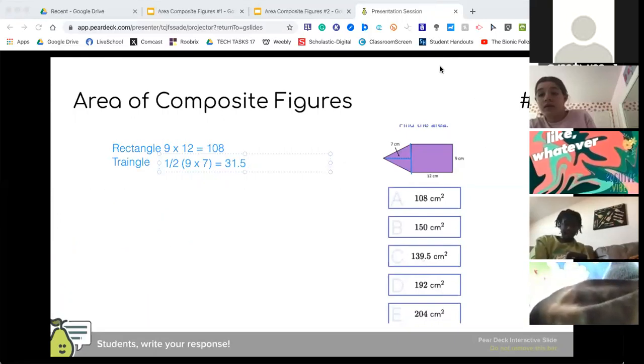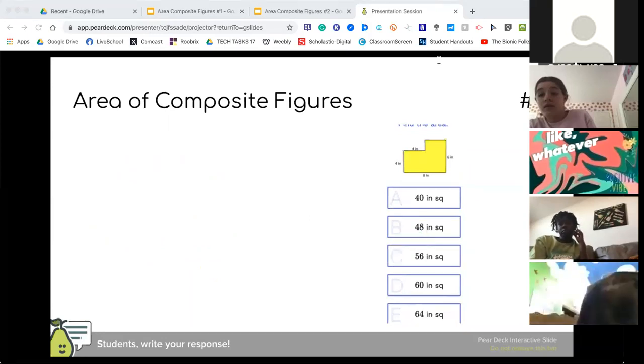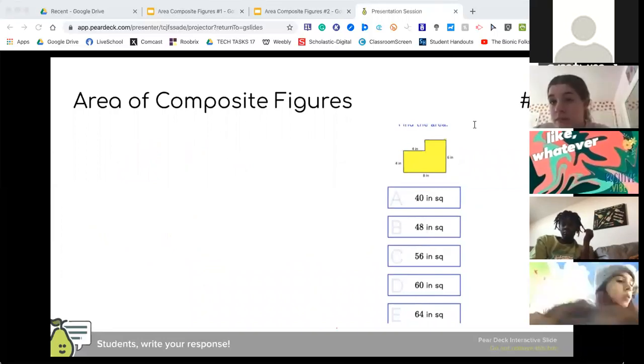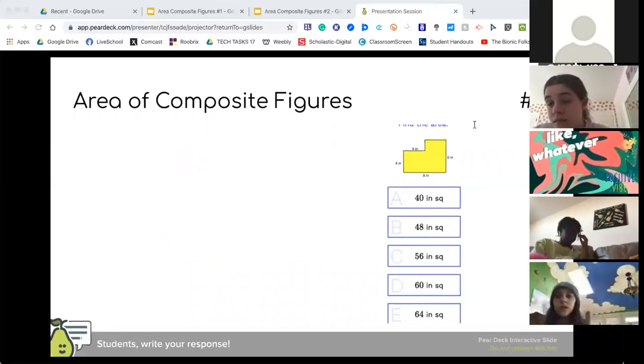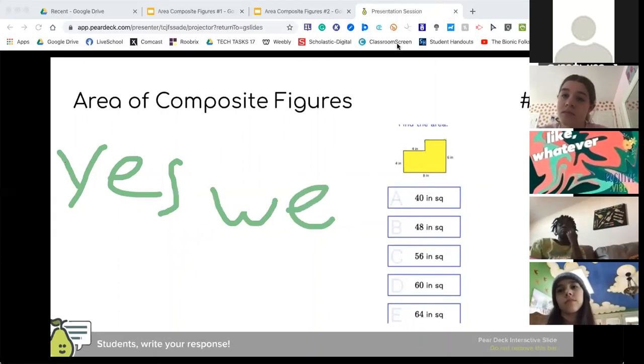Okay, one more. Clear my drawings. And here you go. Now, on this one, we haven't done one like this yet. There are 2 ways I can do this. So before you do anything, watch the 2 ways. Hey guys, stop writing on the screen, please.